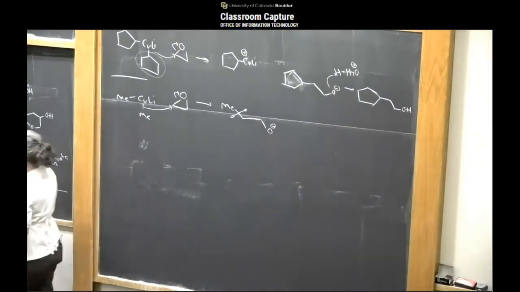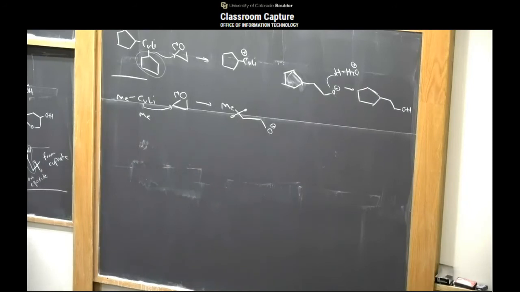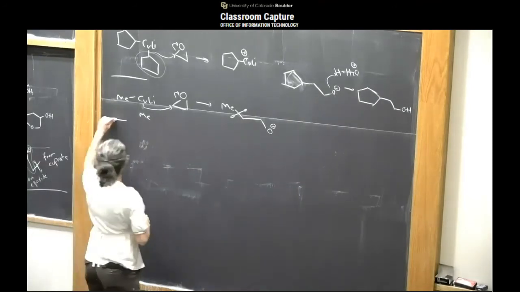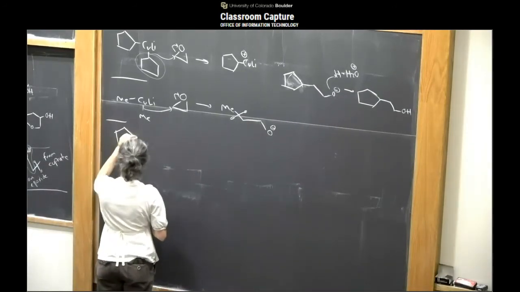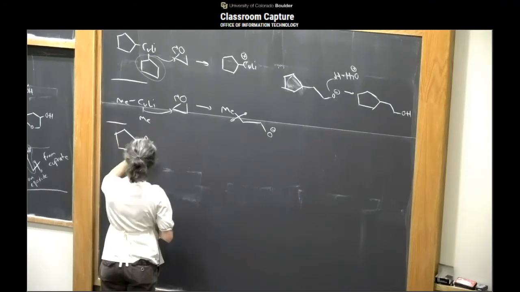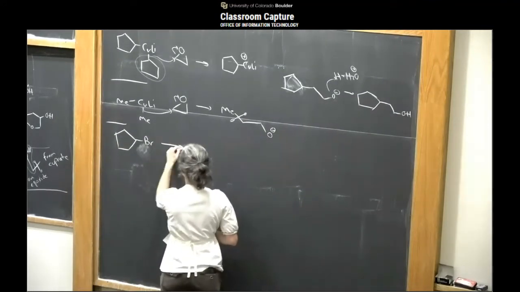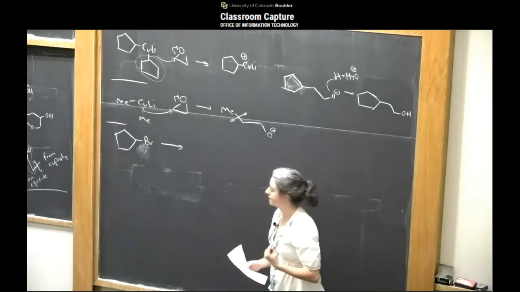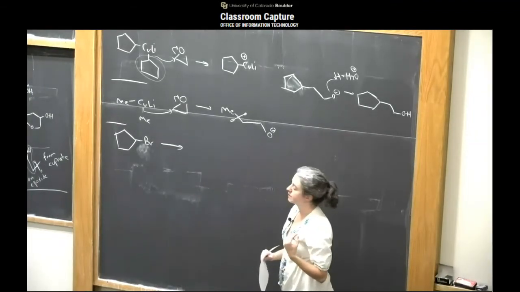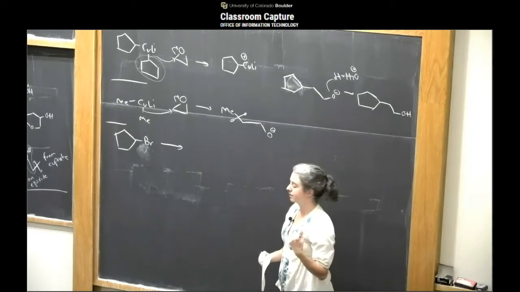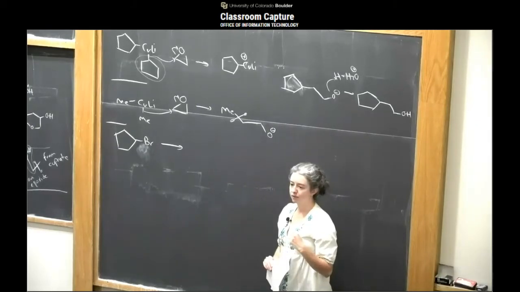Then I guess the last question is, how do we actually get from the starting material to the cuprate? Do you guys remember what reagent I need to make the cuprate from? Or what kind of functional group?